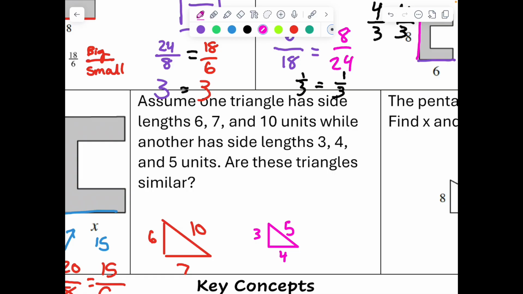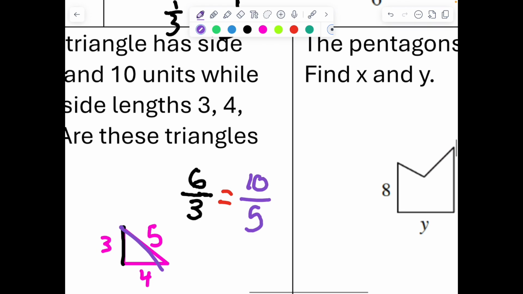Well, we learned that the way to test this is to make sure that the ratio of their sides are equal. So let's set up the left sides in a ratio first, 6 and 3. And we're hoping that this is equal to the ratio of a different set of sides. So let's do 10 and 5. Okay? So is that equal to 10 over 5?